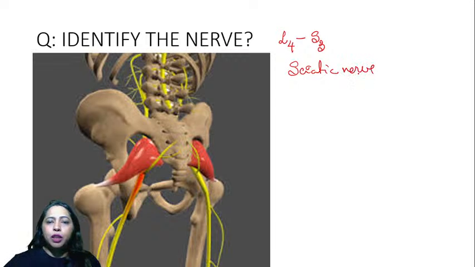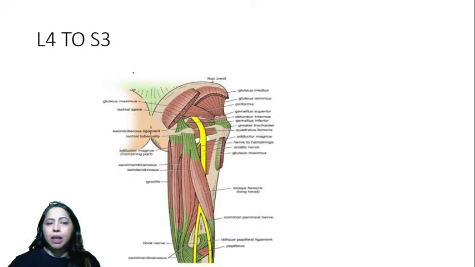So that is the root value of the sciatic nerve. You can see it passes behind the piriformis, runs through the back side of the thigh, and goes down. So this is the sciatic nerve.